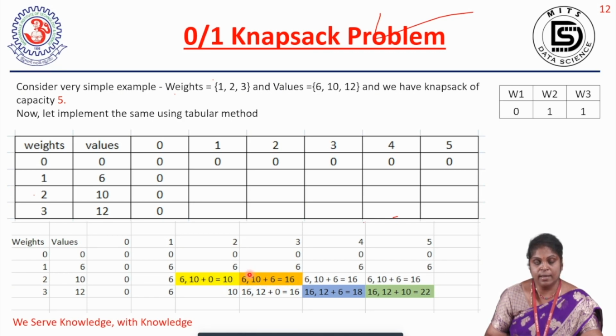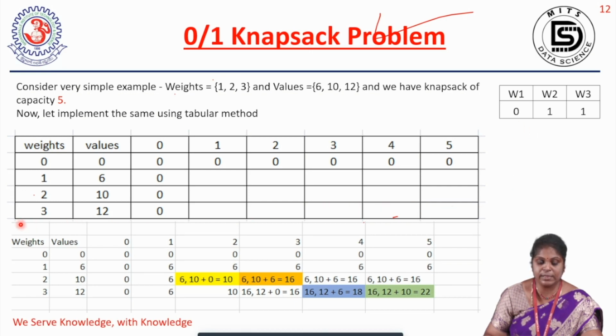If previously it is there, we'll mark W2 as 0 and go to wherever it is starting, and there we'll mark it as 1. So here the second row 16 is there, so W2 will be marked as 1. And if you see the knapsack, the leftover size is 2 and the item 2 size is 2, 2 minus 2, so the entire knapsack is completed. So for weight 1 we mark it as 0.